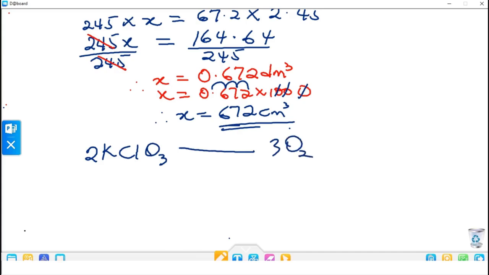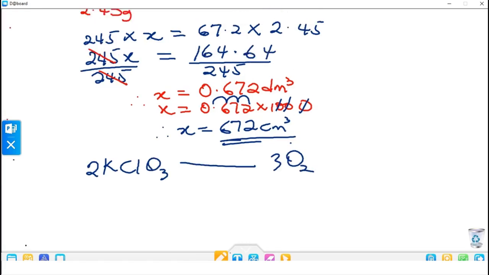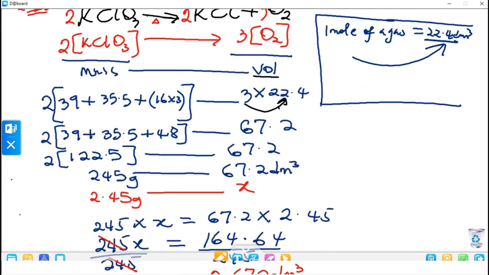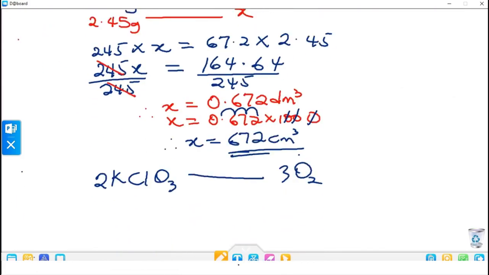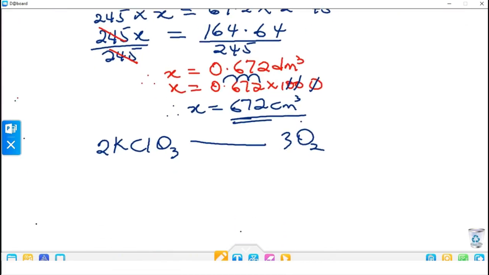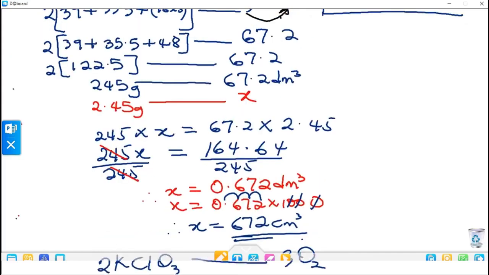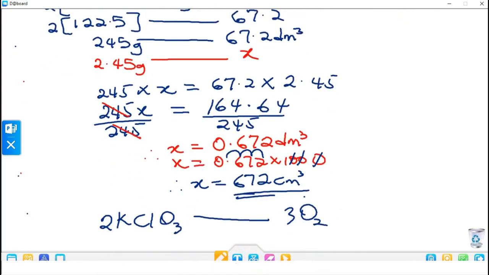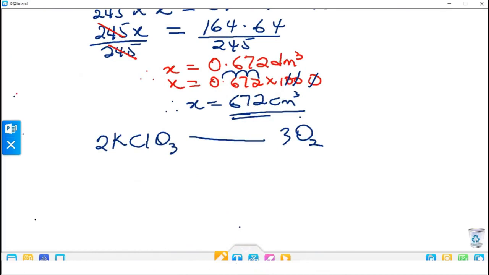But if you check the question, you will observe that in that example we were interested in the volume of oxygen gas. Now, the question wants us to calculate the mass of oxygen, not the volume of oxygen. So what we simply need to do is to say, from what we've calculated before, 245 grams of potassium chlorate.